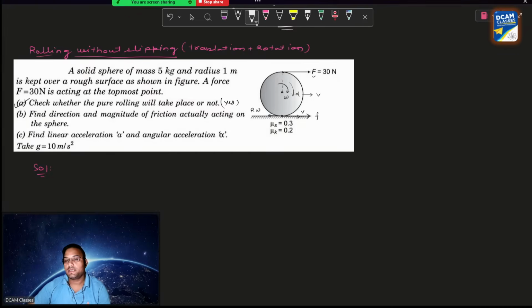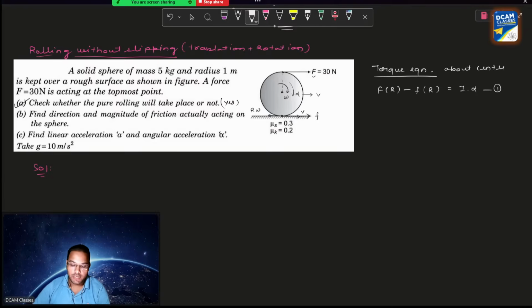First let's apply the torque equation. F into r minus small f into r, taking torque about the center, is equal to I into alpha. This is the first equation.